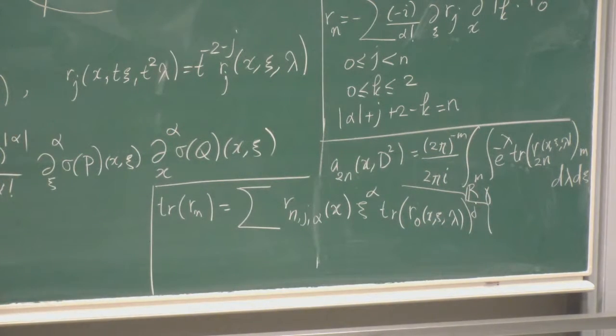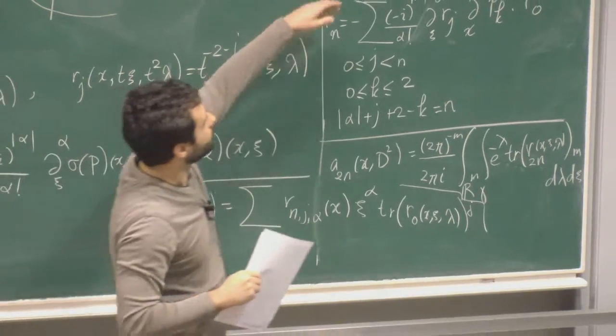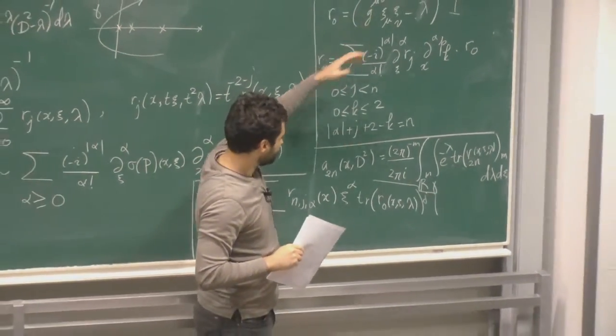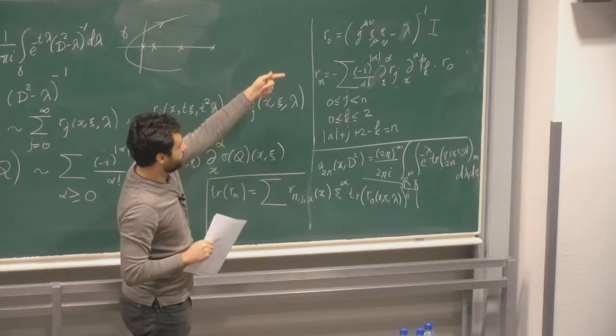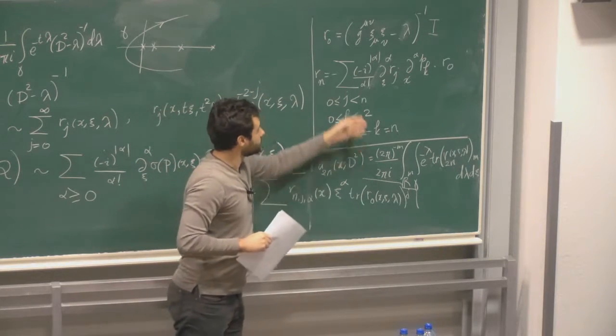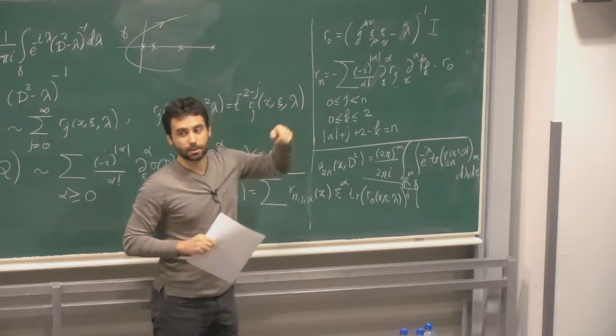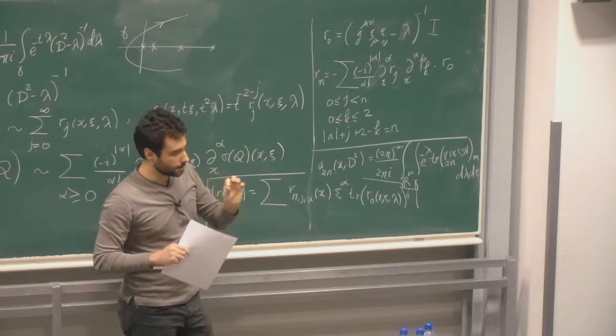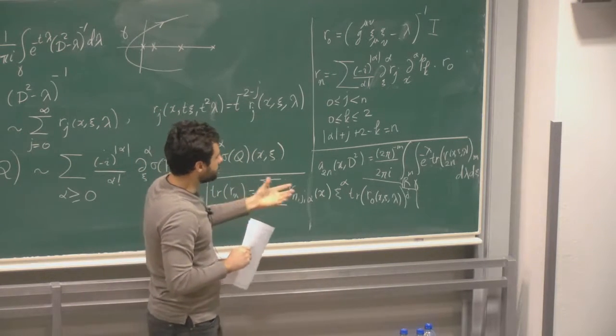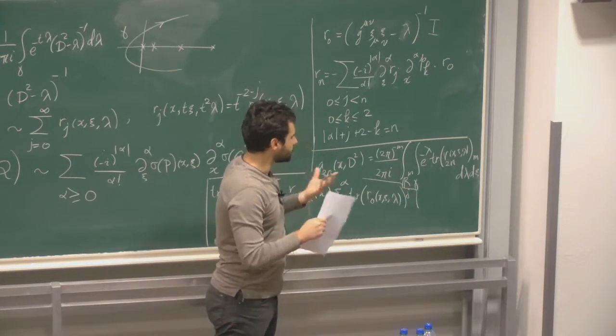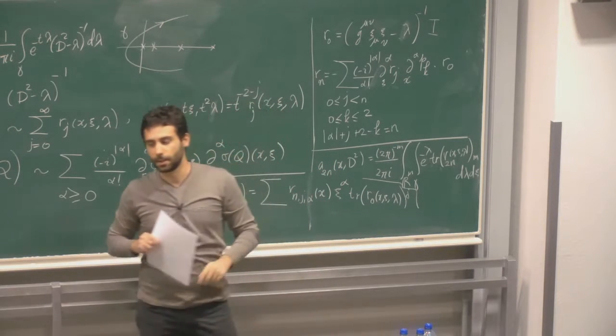Okay, so when you look at R0, R0 is just a diagonal matrix with this on the diagonal. And then this flips and goes into the denominator, and then different powers of this expression in the denominator appear. And when you use the Cauchy integral formula on these contour integrals, there are some complicated terms that appear.